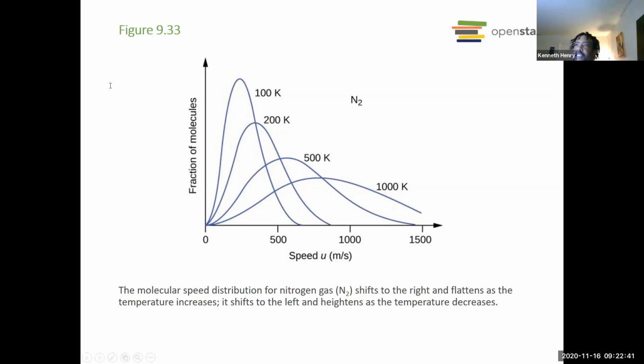So we have these five elements, or five atoms. Argon, neon, and helium. Which one do you expect to be the slowest? Which one do you expect to be the fastest and the most distributed?